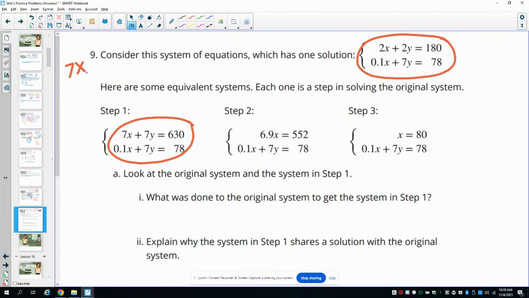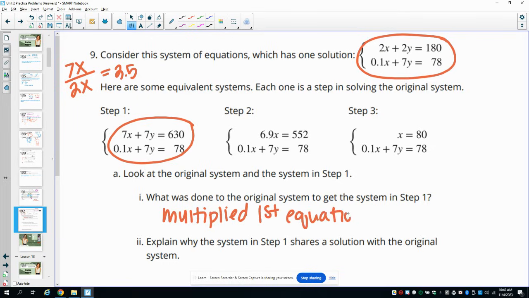So if you don't know right away, take 7x divided by the original one. So the 7x divided by the 2x, and that gives you 3.5. So they actually multiplied the first equation by 3.5.